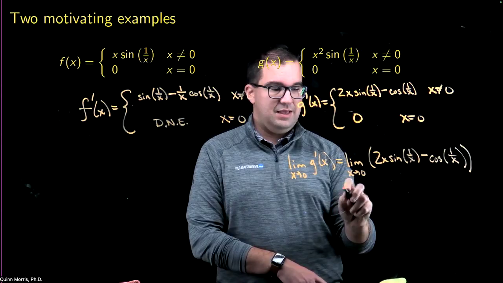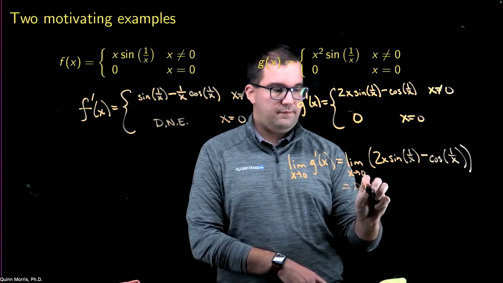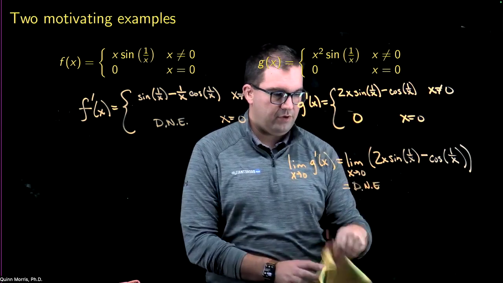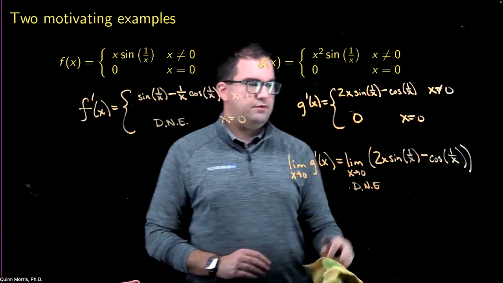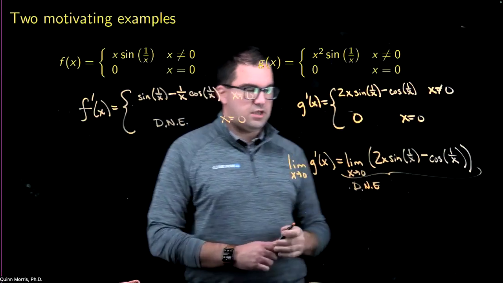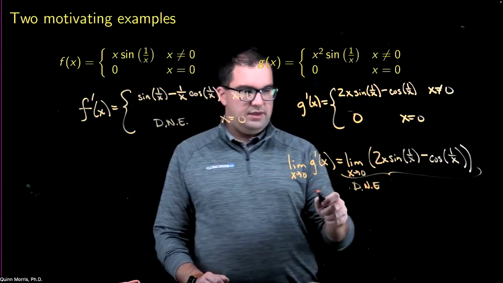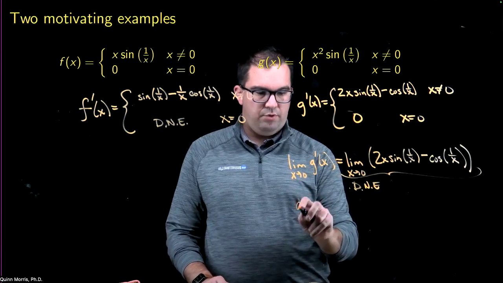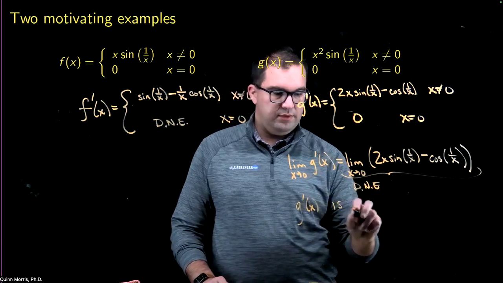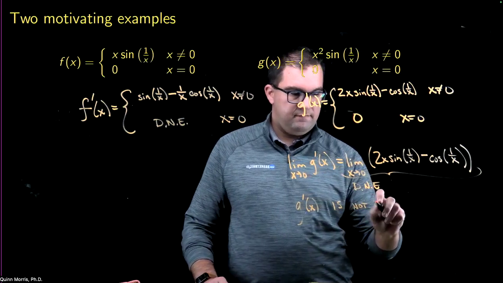So this limit does not exist. And so what we notice here is that g prime is not continuous at 0.